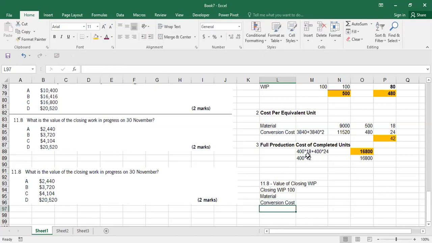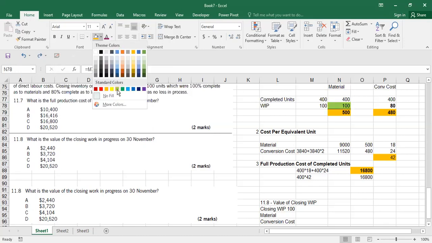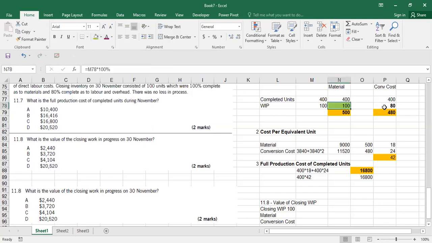If you see up here, with respect to material, 100 units were complete. With respect to conversion cost, they were 80 completed. So I would say that with respect to material, I've got 100 equivalent units. With respect to conversion cost, I've got 80 units.